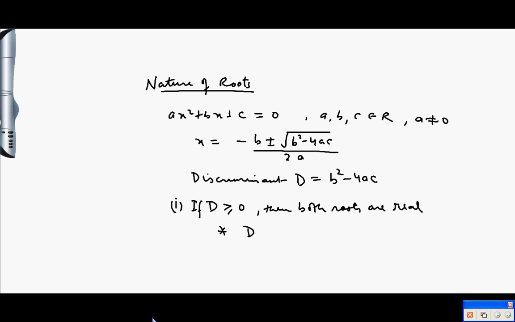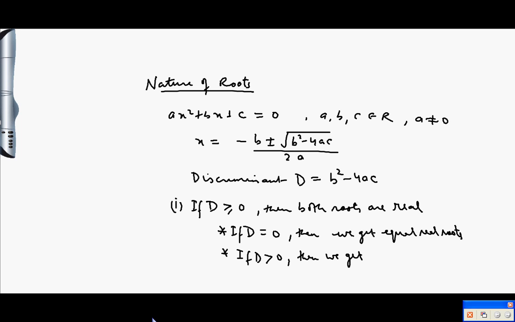One, if D is equal to 0, then we get equal real roots, and if D is greater than 0, then we get distinct real roots. Distinct means unequal.